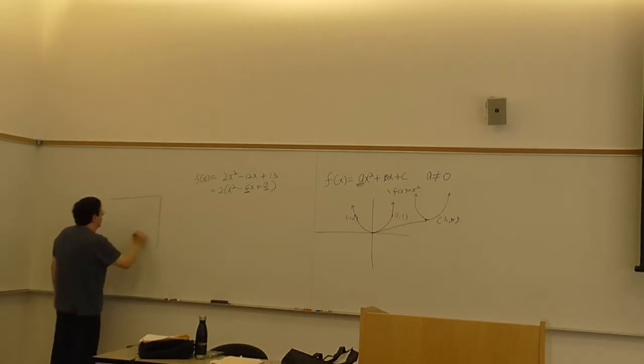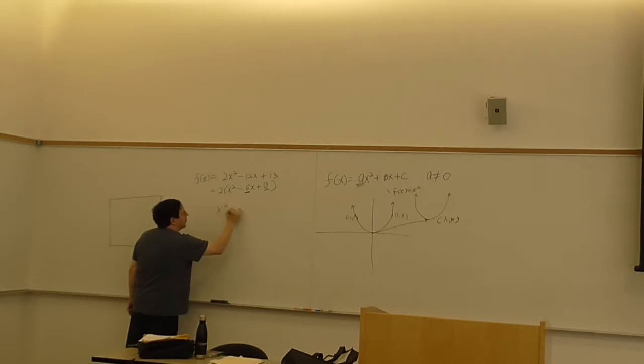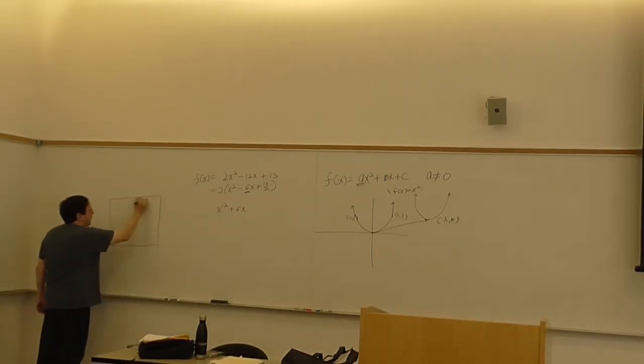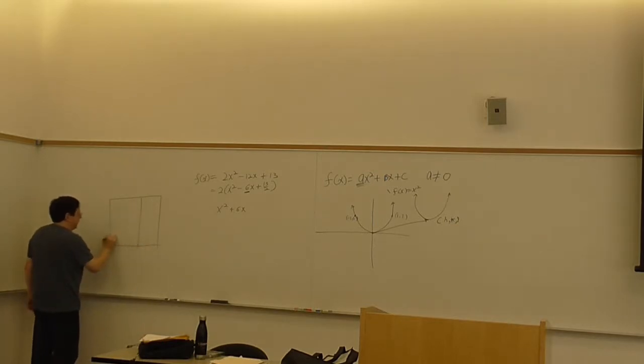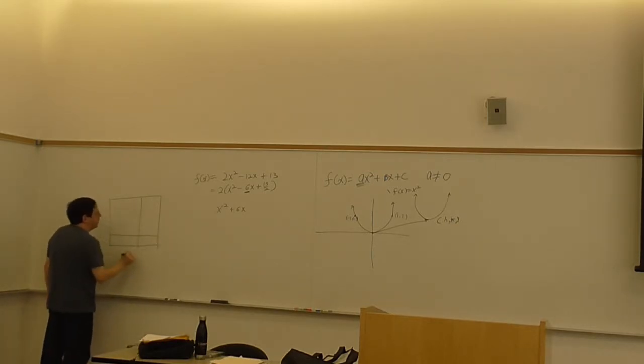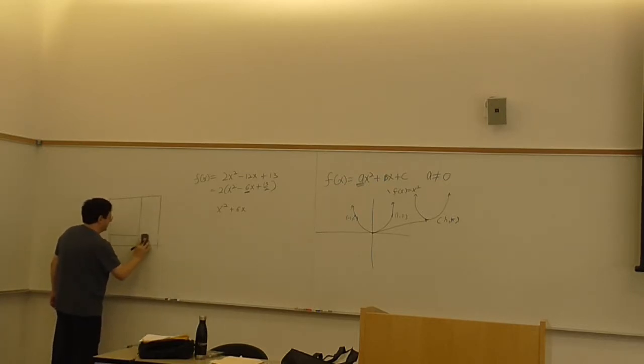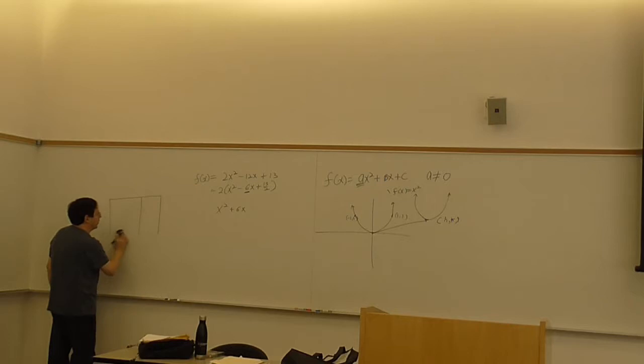They would draw something like this. Let's just make this x squared plus 6x. And they would say, all right, here we have a square. Do I make that come out right? So I draw it carefully.